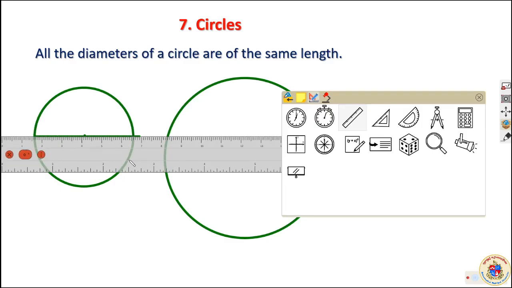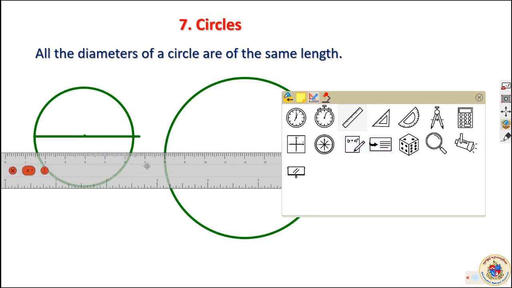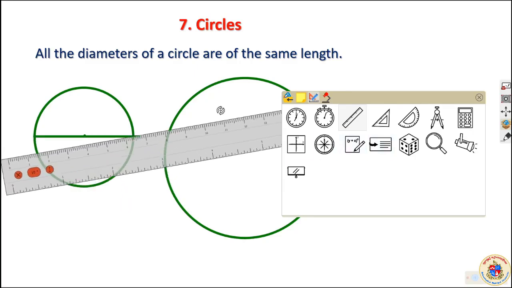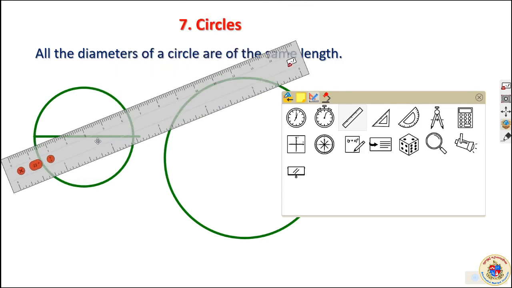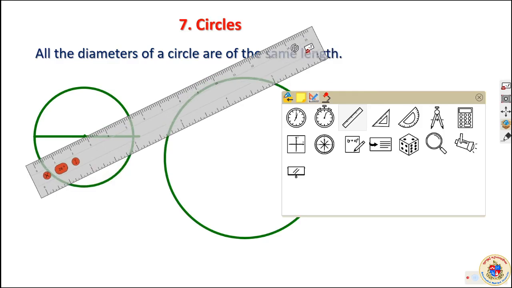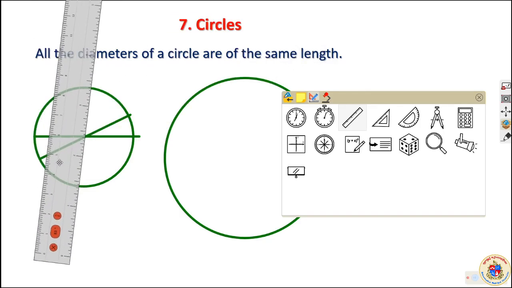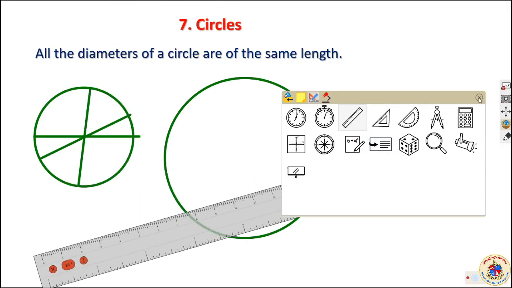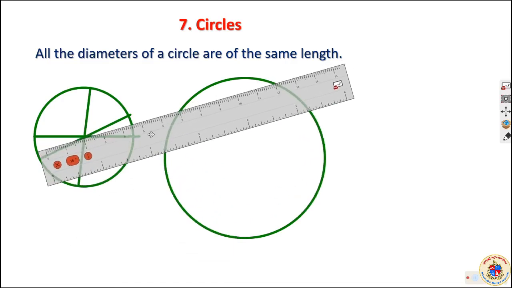One diameter. Here is another diameter through the center. Here is another diameter. It should touch the circle. Okay, so 3 diameters I have drawn through the center of the circle.